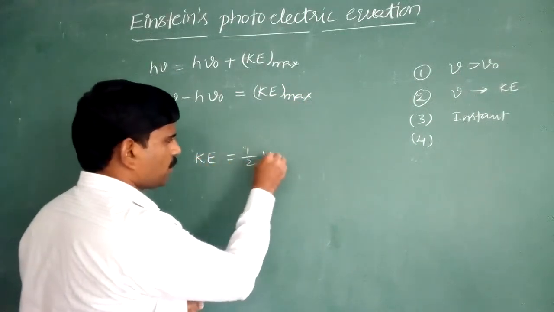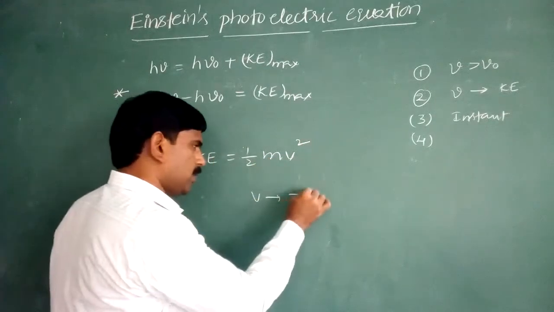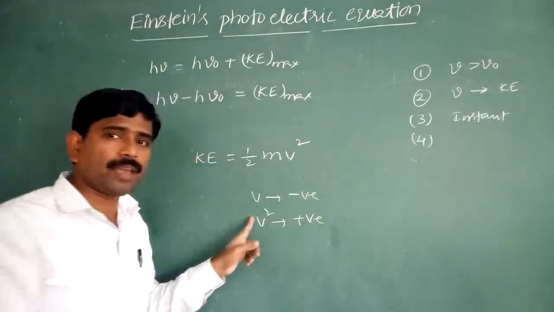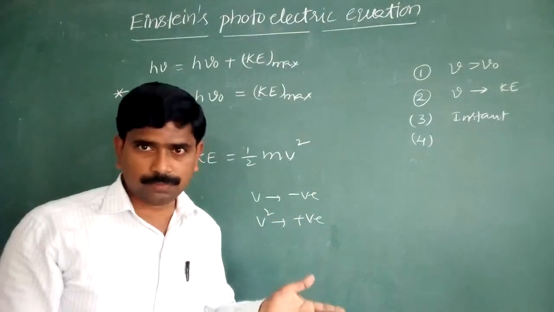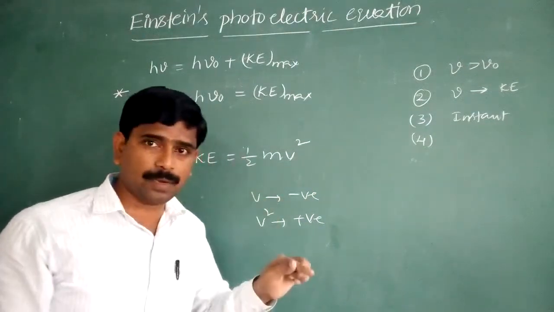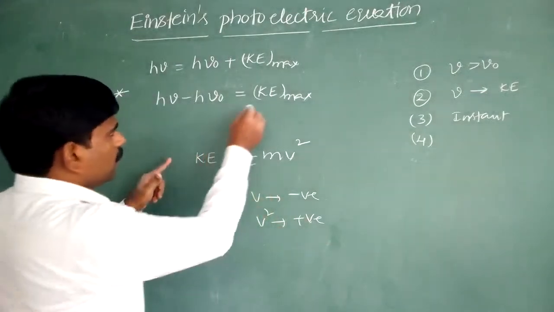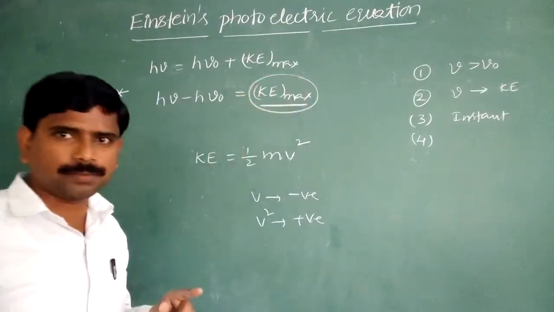That is half mv square. v may be negative also, but v square is positive. So kinetic energy is always positive.